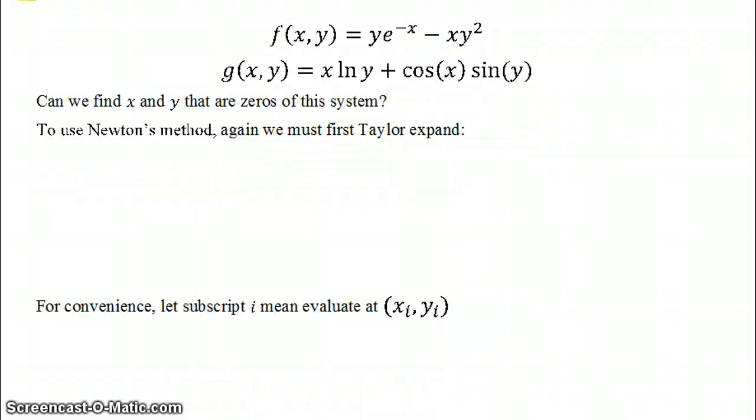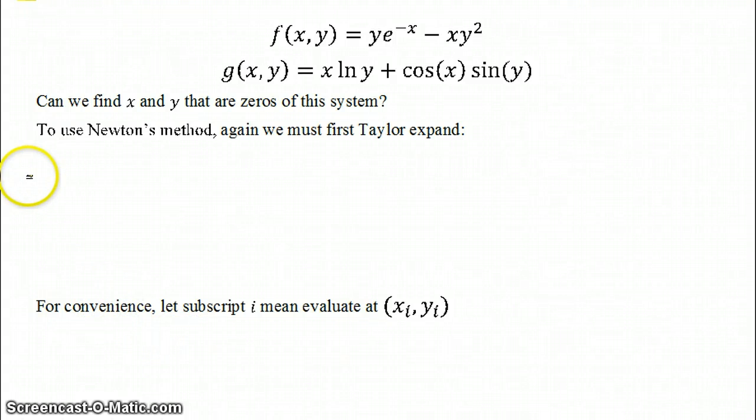So remember, in one dimension, to derive the algorithm for Newton's method, we had to Taylor expand the single function that we were trying to find the 0 of. In this case, we have two functions that we're trying to find the 0 of, so we have to Taylor expand in 2 dimensions.